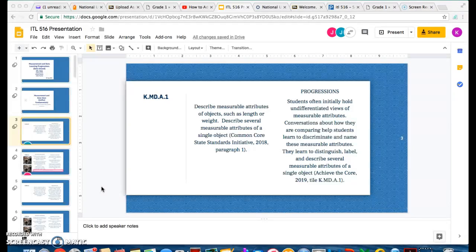You would ask the children, how many cubes long is this book? You would then count the number of cubes to determine this book is 10 Unifix cubes long. You can also use other types of non-standard measurement tools such as links, child's hands, pencils, etc.